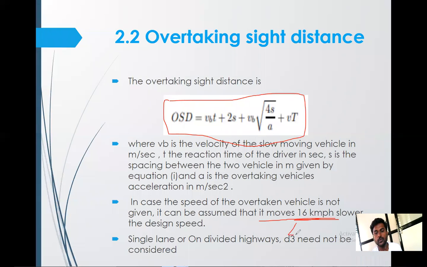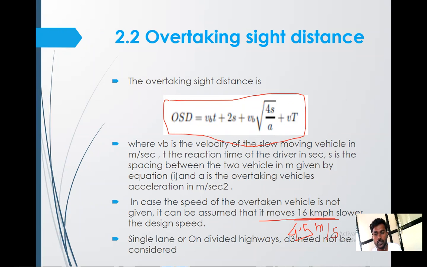And if the velocities are given in meter per second, how much? 4.5 meter per second. We take the slow moving vehicle as 4.5 meter per second less than the fast moving vehicle if the velocities are given in meter per second.